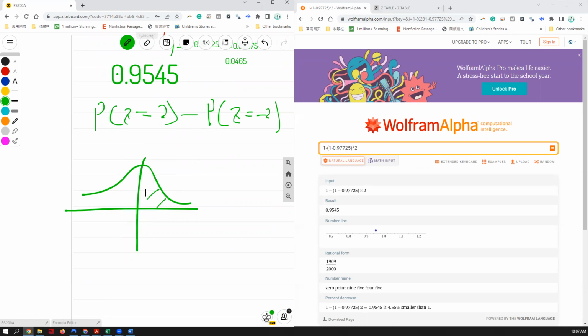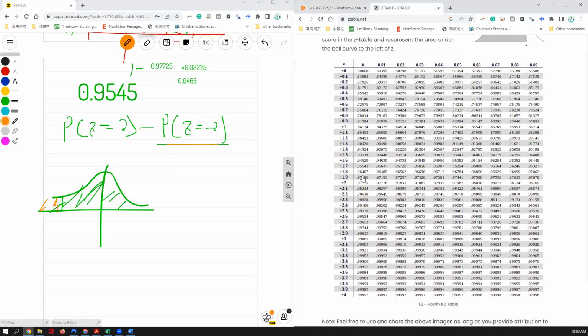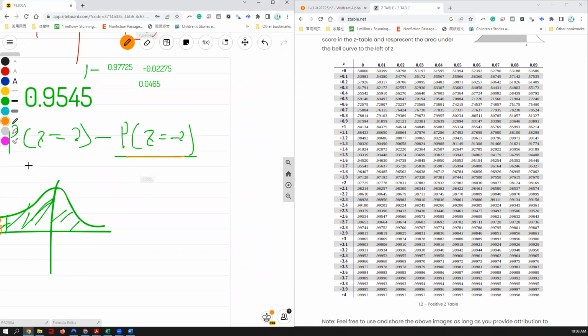You're getting this side, excluding this 1 tail, and then this also tells you the tail on the left. And if you subtract that, then you get the middle, right? So we could do that in the z-table. The z-table, the 2 we already found, this is 0.97725.